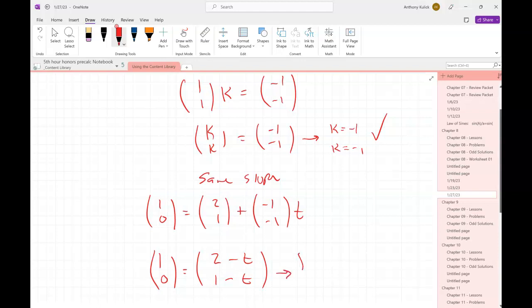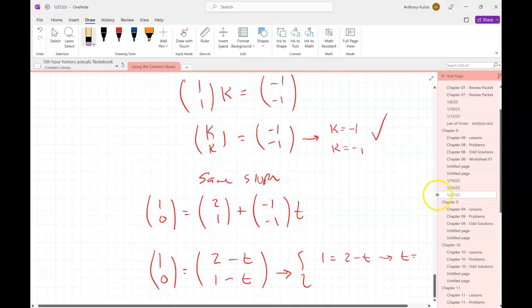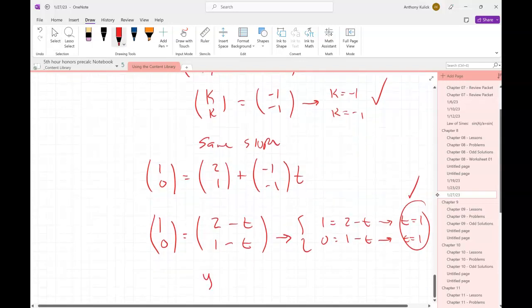So that just becomes the system: 1 equals 2 minus t, so t is equal to 1. And then 0 is equal to 1 minus t, so t is equal to 1. Because they're the same t, yes, that point R1 (1, 0) lies on R2.